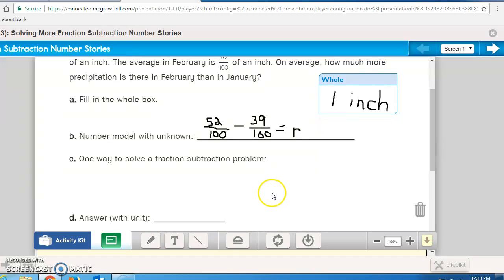So now in C, it's asking you, what's one way to solve a fraction subtraction problem? Well, one way is to use fraction names. For instance, you could write 52 hundredths, and this is going to take me way longer to do with you using this cursor than if I was trying to do it on the board.